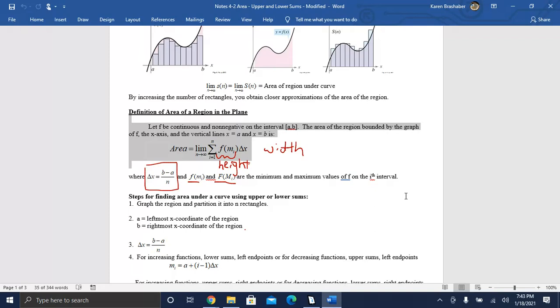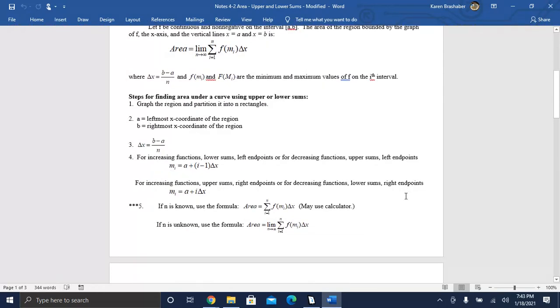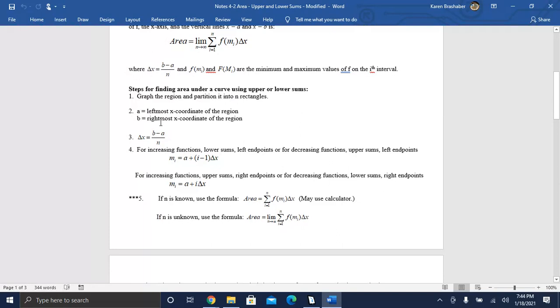You'll see that I have some steps for you to follow, and we will do those steps as we go through our lesson. But probably one of the most important things is how to get started. So in number 2, your a is the left x coordinate, your b is the right x coordinate, and then this delta x is b minus a over n. And then I will explain what we're doing with these things.